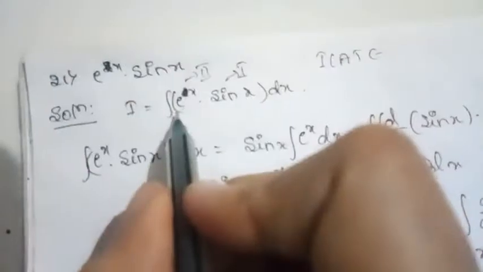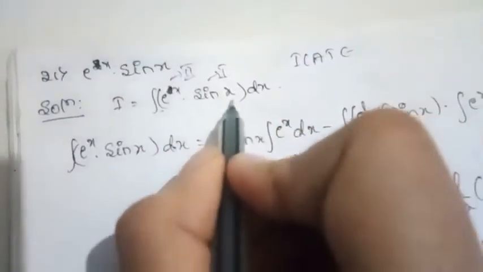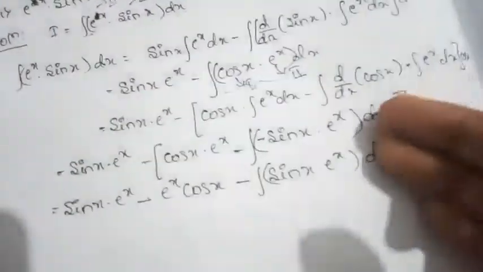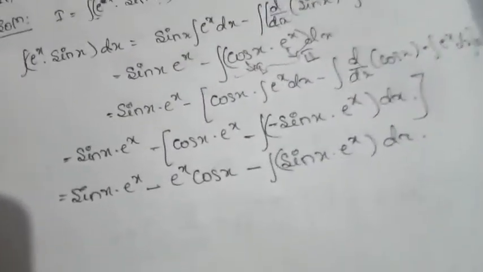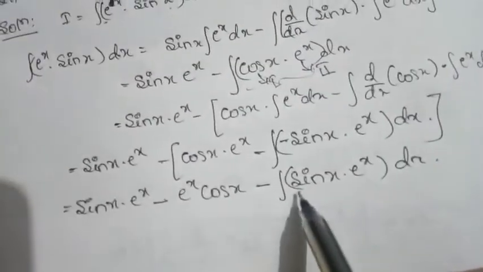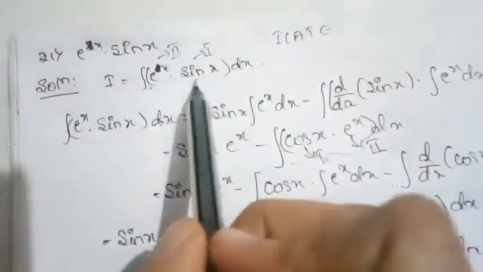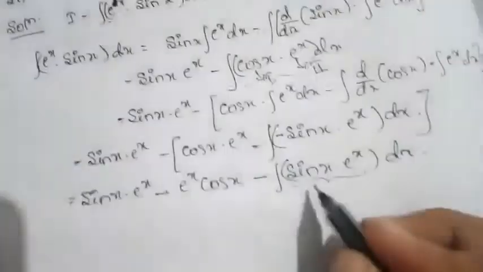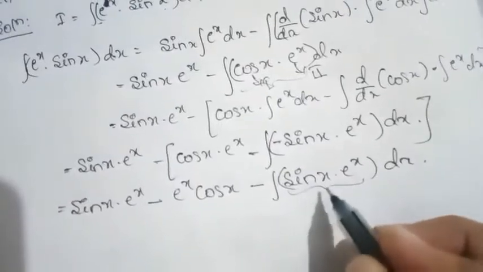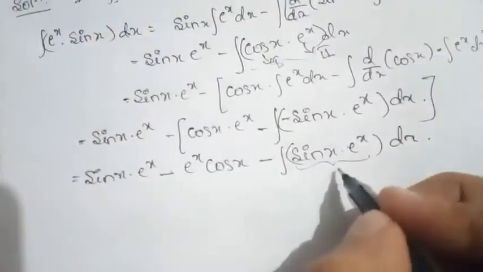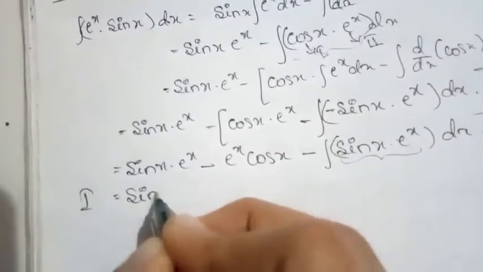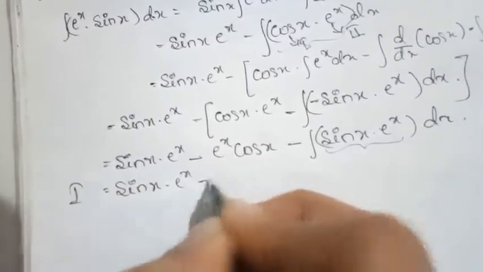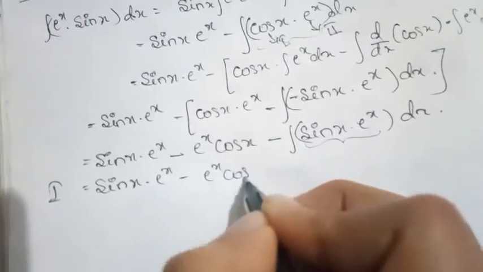In the beginning itself I have taken e power x into sin x dx, so it would go on continuing the same cycle again and again. You can see we got again the sin x into e power x integral, which I have taken as I in the beginning itself. So I am calling this one equal to I.